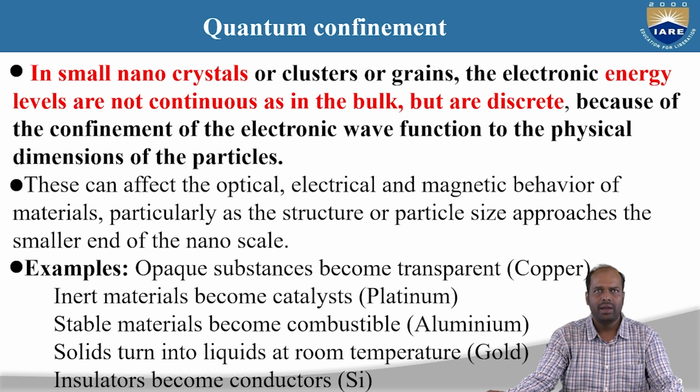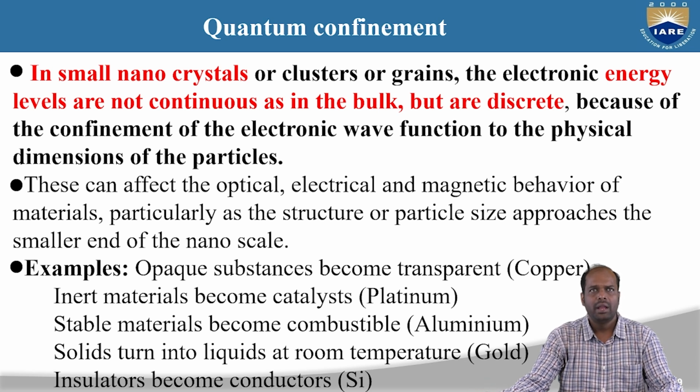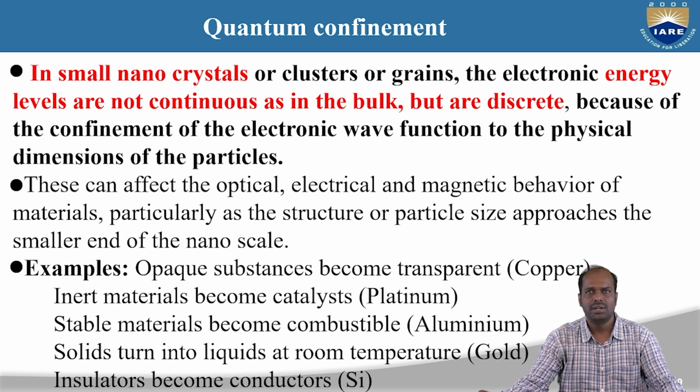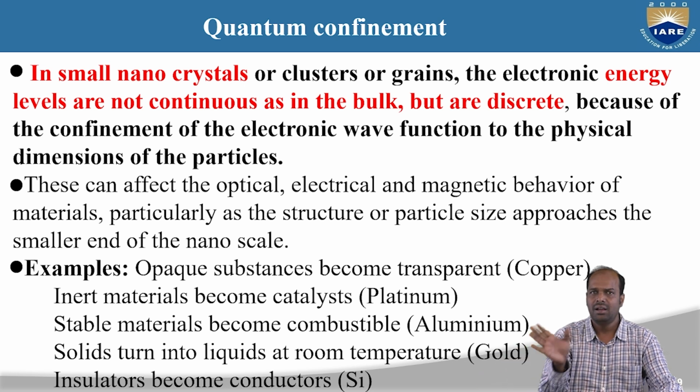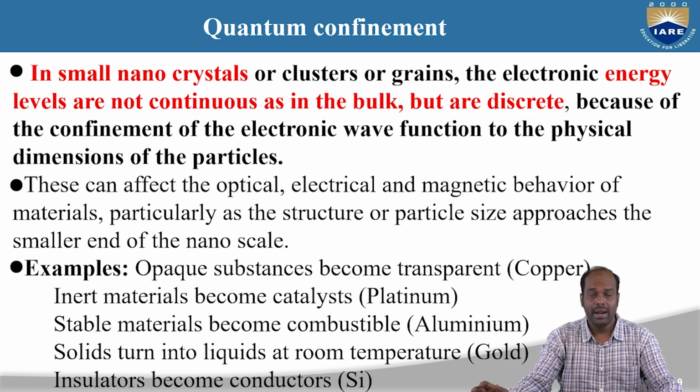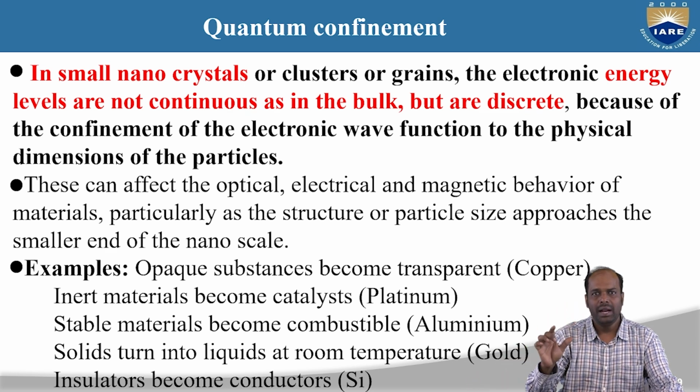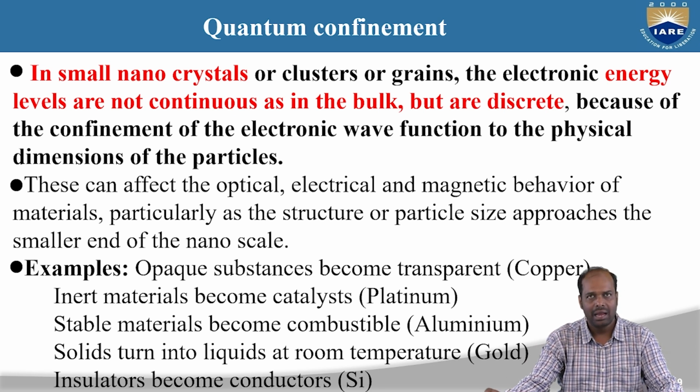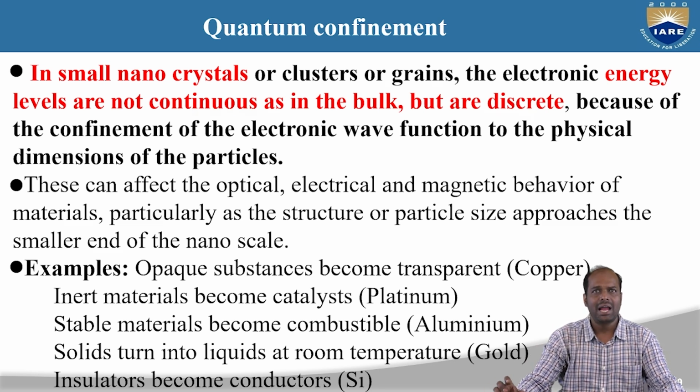And we can discuss further that in small nanocrystals or clusters in grains, the electronic energy levels are not continuous as in bulk materials, but in nanomaterials the discrete energy levels are confined because of the confinement of the electronic wave function.